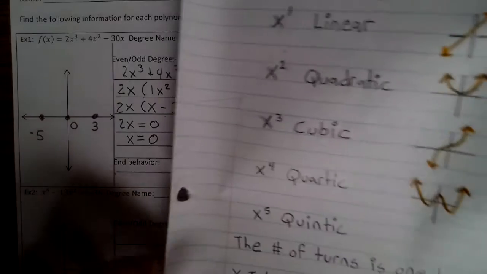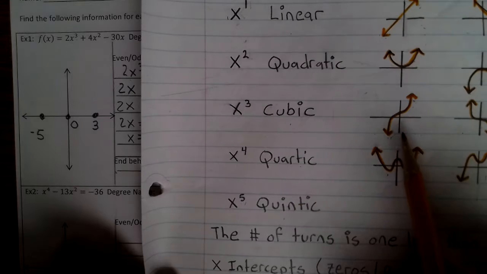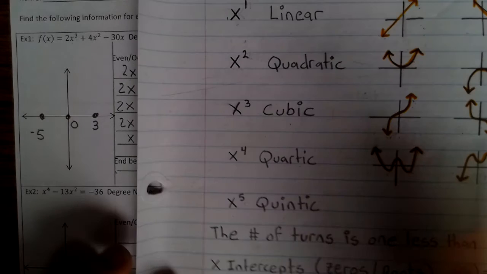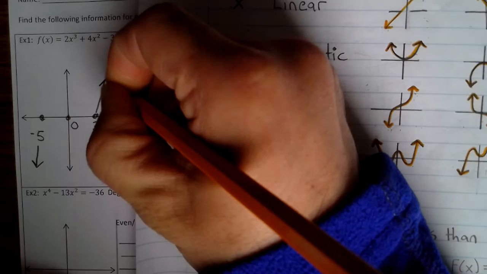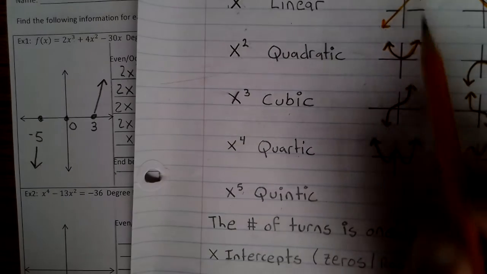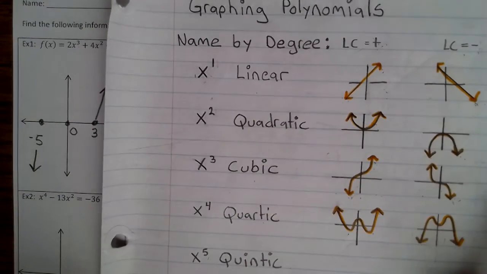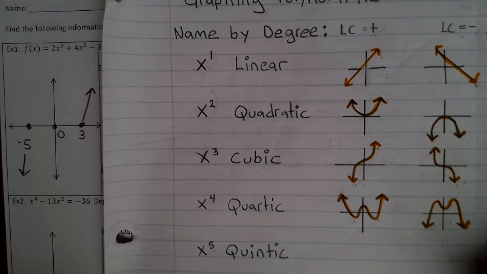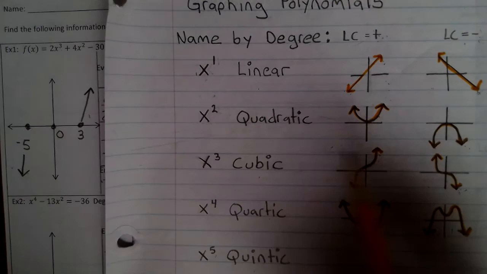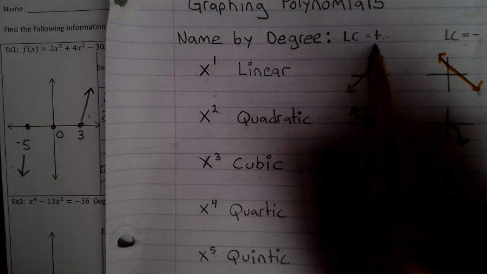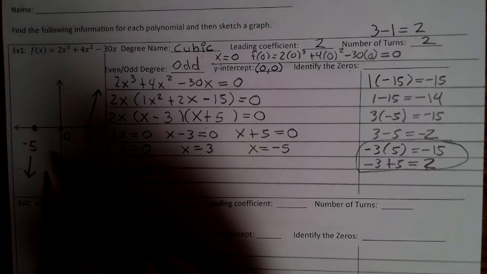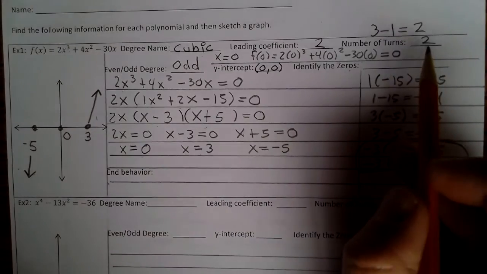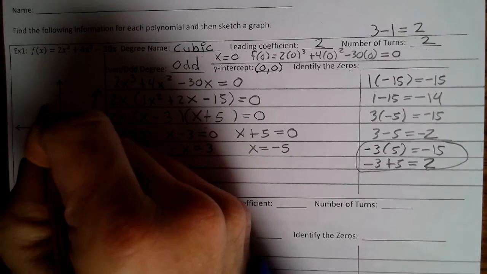So we know that we're starting here and we're ending here. Again, we know this because the leading coefficient is positive. All right. Now, we know that it has 2 turns, so we go up. It's got to turn, go down, and then it's got to turn again there.